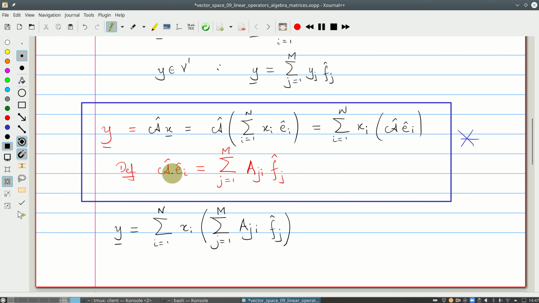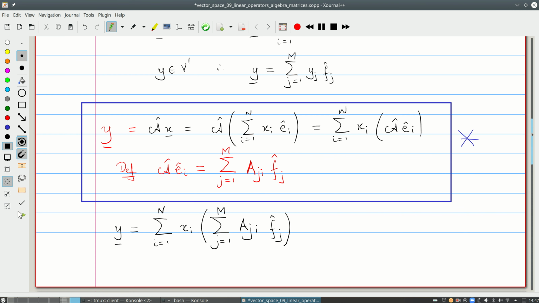So this must be a linear combination of the f_j hats. And I've chosen the coefficients in this linear combination to be called a_ji. A with subscript ji. Why does it need j and i? Because we have an i on the left hand side, so there must be an i here. And we are summing over j, so we must have a j here. Okay, so this is by definition. Yet I don't know what the a_ji actually are at this stage. I just have defined it to be like this.